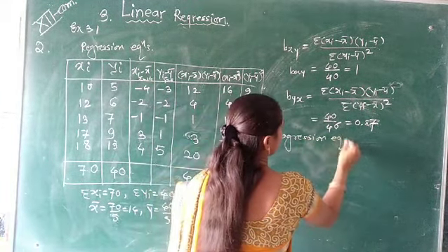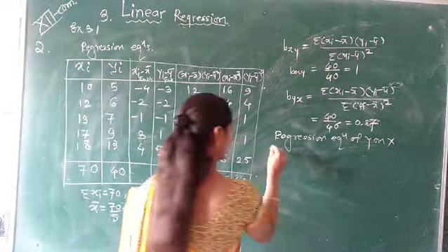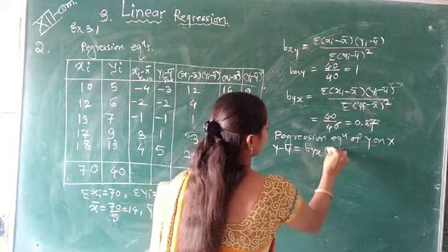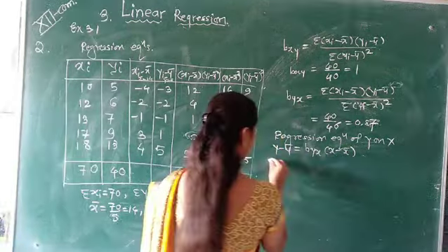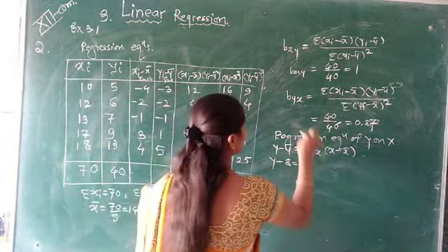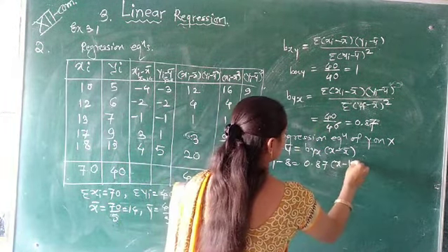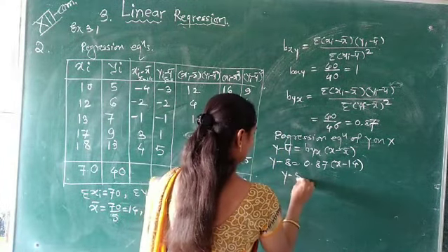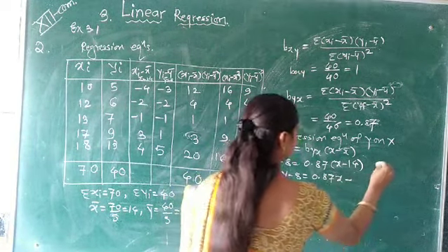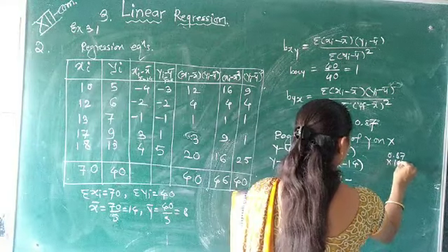Therefore, the regression equation of y on x first, that is y minus y bar is equal to byx into x minus x bar. Y minus y bar, the value of y bar is 8, is equal to the value of byx, 0.87, into x minus x bar, which is 14. Y minus 8 is 0.87x minus 0.87 into 14.